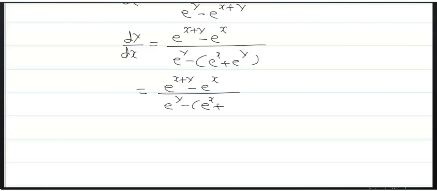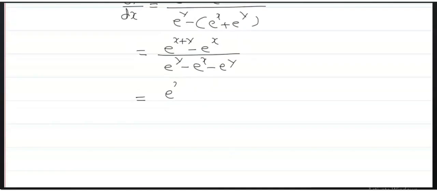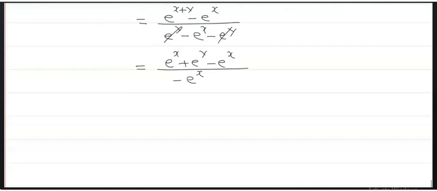That is minus e raised to x minus e raised to y, these two get cancelled. Next, in the next step, e raised to x, keep this numerator as it is.